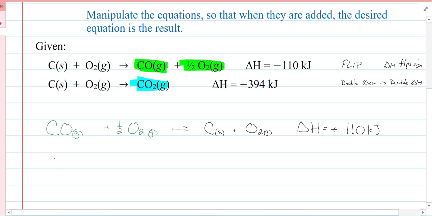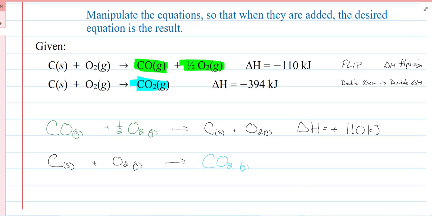Keep equation 2, carbon solid plus O2 gas going to CO2 gas, and we keep this delta H the same at negative 394 kilojoules.